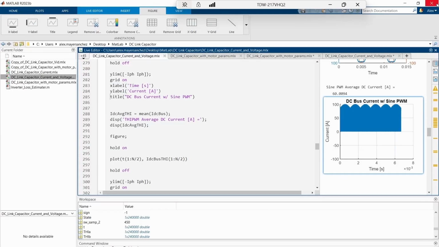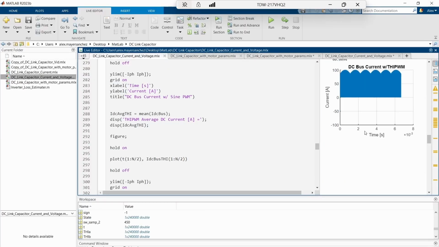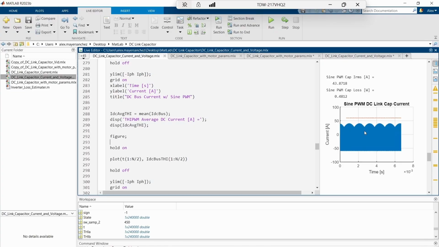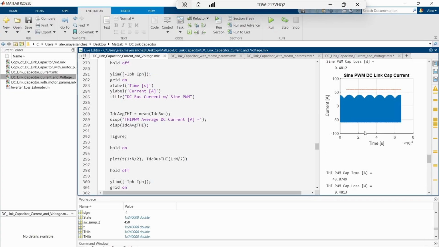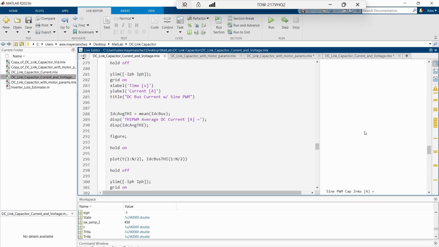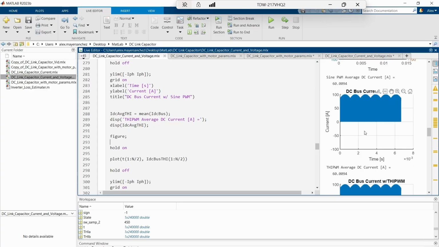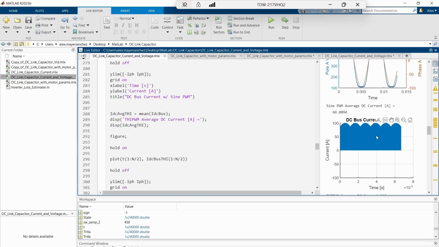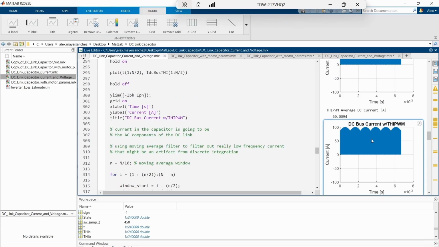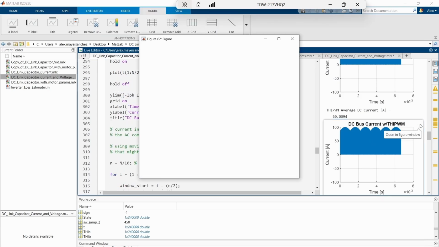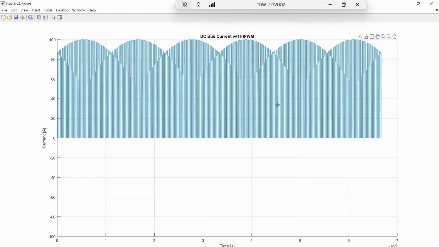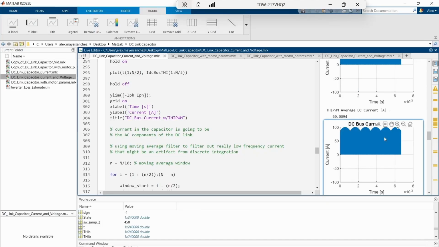Let's first look at the third harmonic injection. This is with sine PWM, this is with third harmonic injection. It basically looks the same, but there are some slight differences you can't really tell right now.